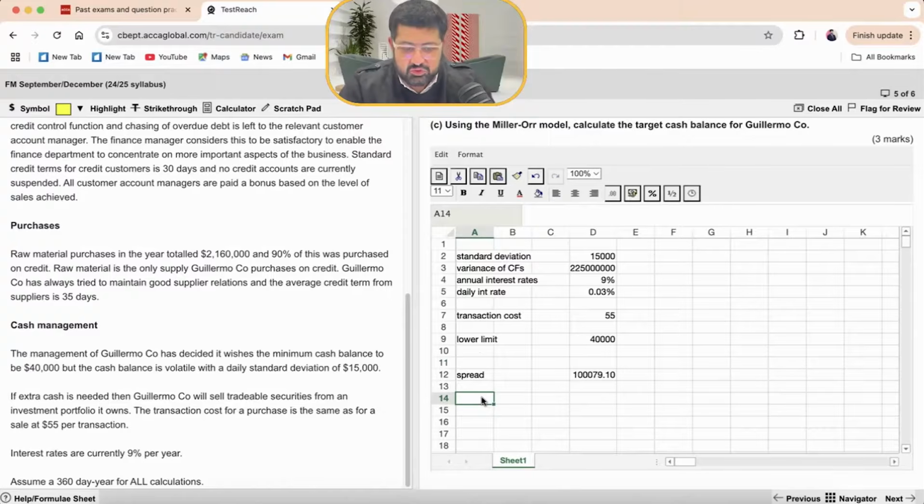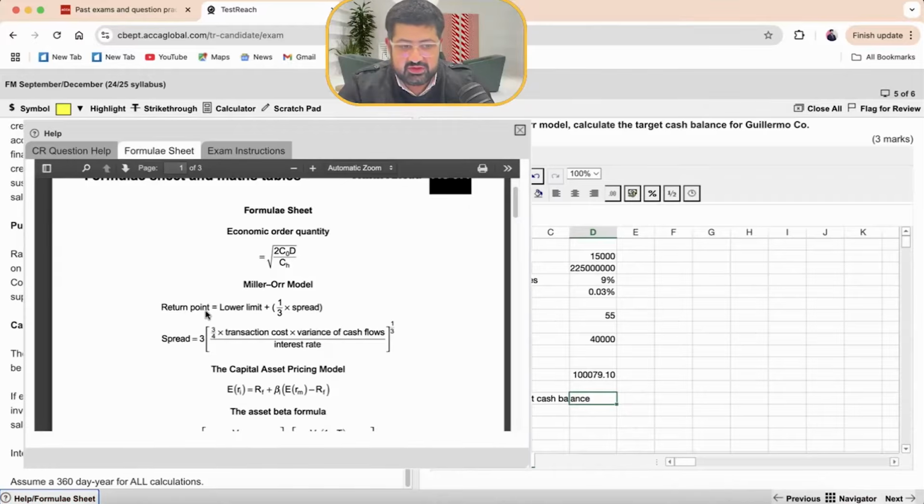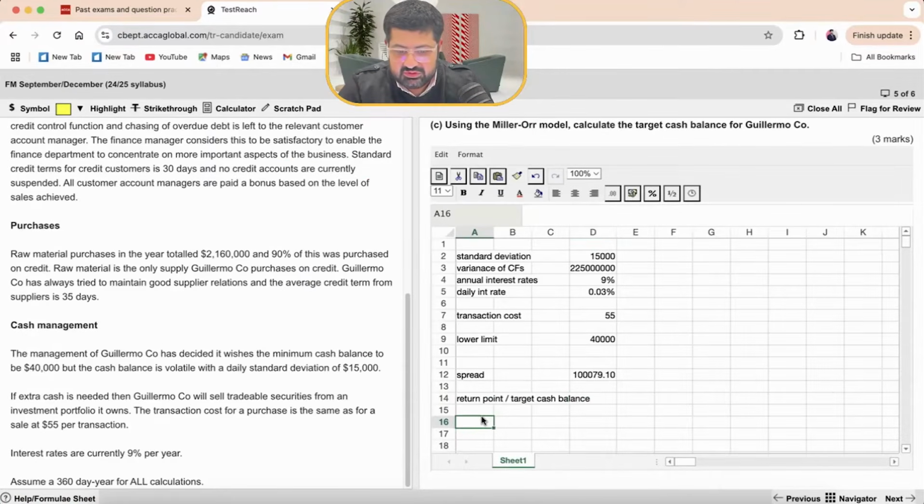So now, what will be the return point or target cash balance? Target cash balance, the formula is here. Yes, this is the return point or target cash balance: lower limit plus 1 by 3 into spread.